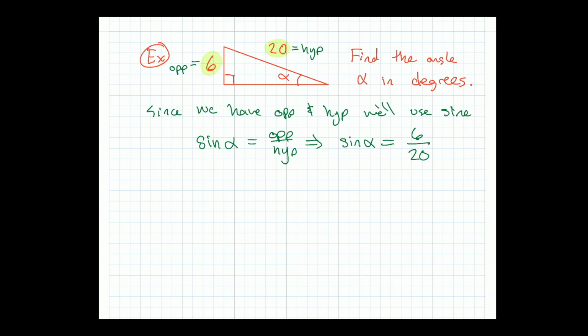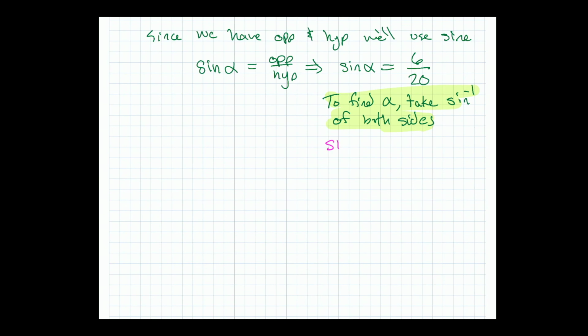So to find alpha, you're going to take sine inverse of both sides. That's going to be the key to doing this. You apply a sine inverse on the left and on the right, so we're applying it to sine alpha and to 6 over 20.